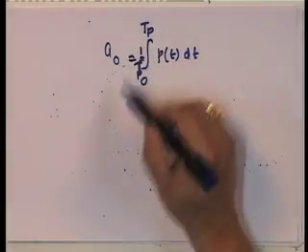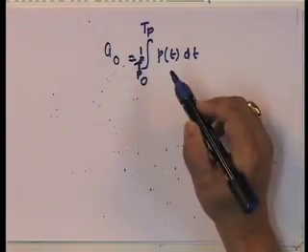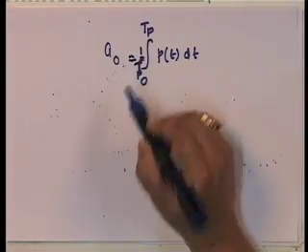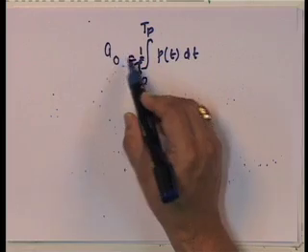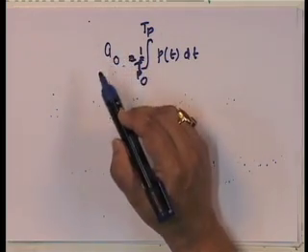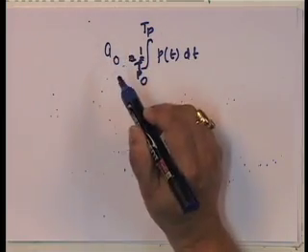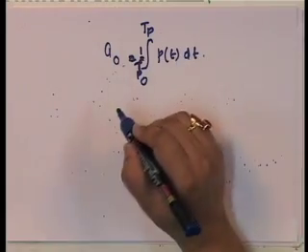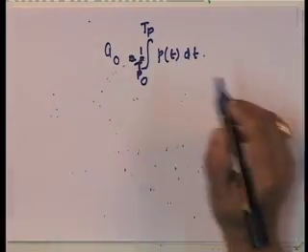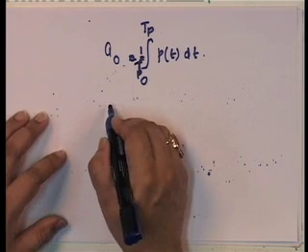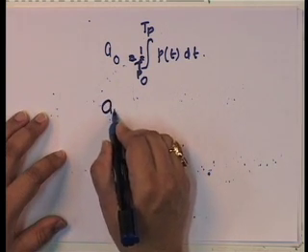Because it is periodic, I take it from 0 to Tp, and I am dividing by that period. What is that? This is the average value of the loading. The mean value of the loading is this. So, A0 is directly the mean value.